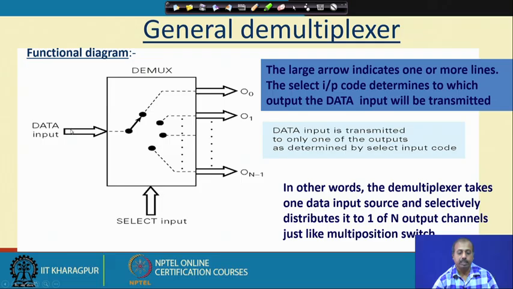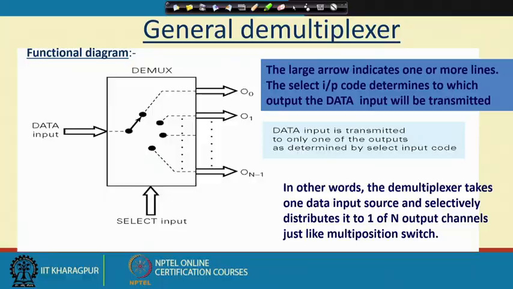It may be the case that instead of a single line we have multiple lines. The select input code determines to which output the data input should be transmitted. It may so happen that instead of a single bit, the input is coming from some block that has, say, a 16 bit output, and that 16 bit output is connected to the input of this demultiplexer to be transferred to one of many such 16 bit outputs.